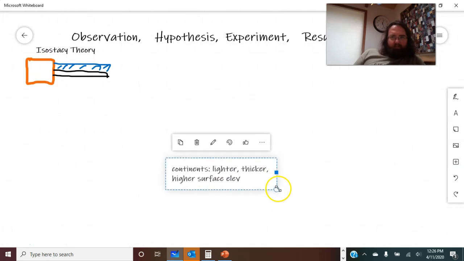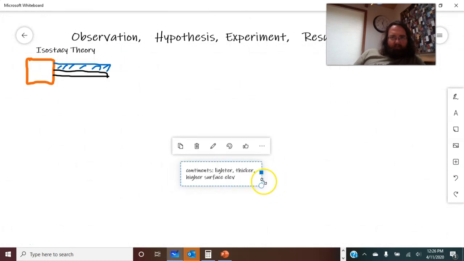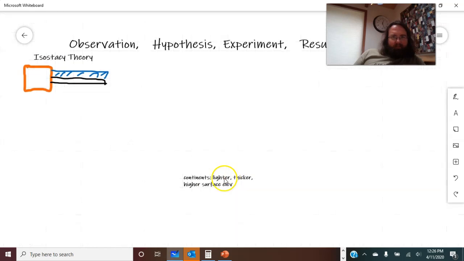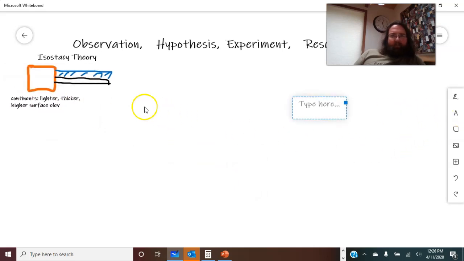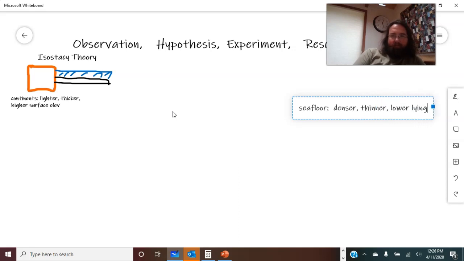Continents are lighter, thicker, and have higher surface elevation. And your ocean-based sea floor is denser, thinner, and therefore lower lying.